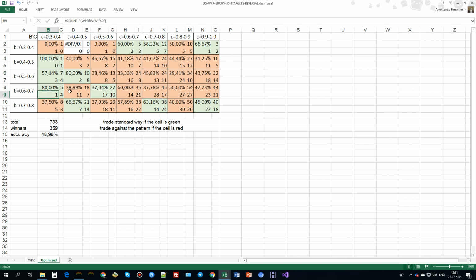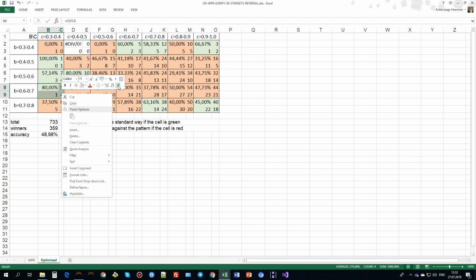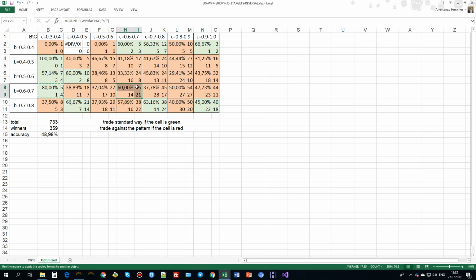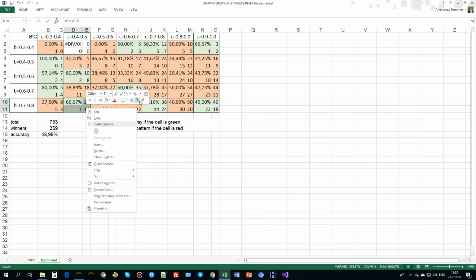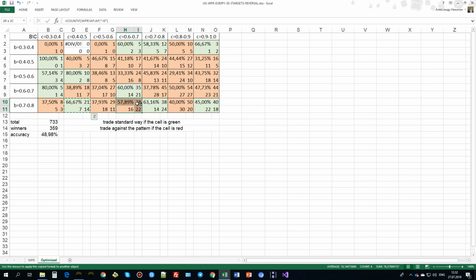Okay, this one should be green, red. Okay, 60 should be green because it is above 50. This one is red, green, red. This one should be green. This one is green, okay, red, and this one should be red as well.